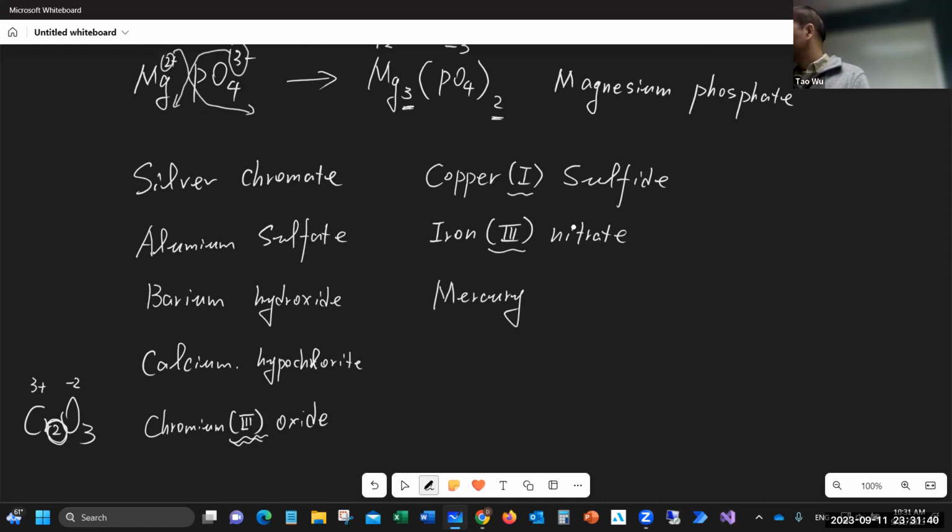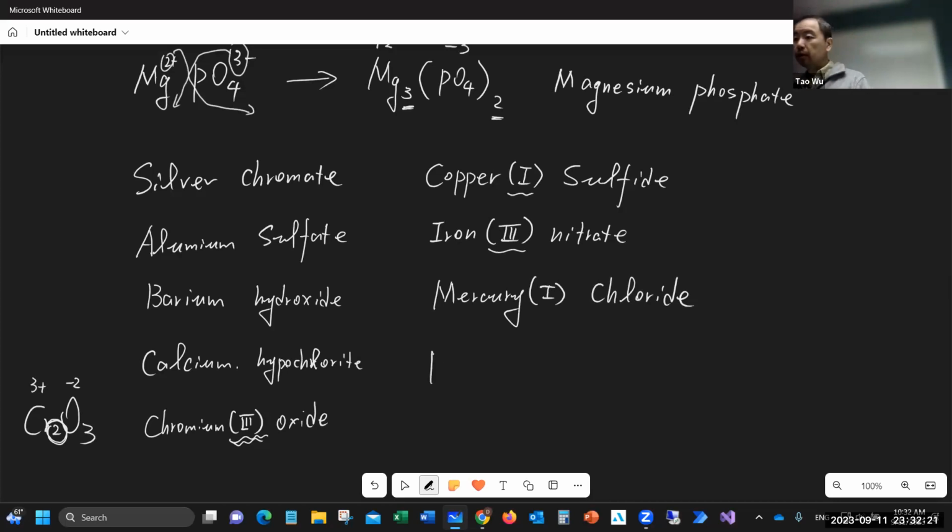It's mercury 1 because you see Hg2 2 plus, which means each of them has 1 positive charge, with two mercury atoms there. If you look at the second page of the common ion sheet, it actually shows the names of the mercury: Hg 2 plus means mercury 2, and Hg2 2 plus is mercury 1. So this one is mercury 1 chloride.